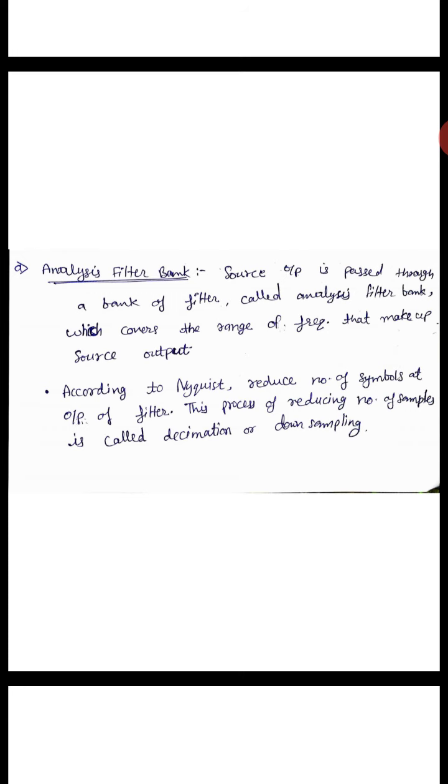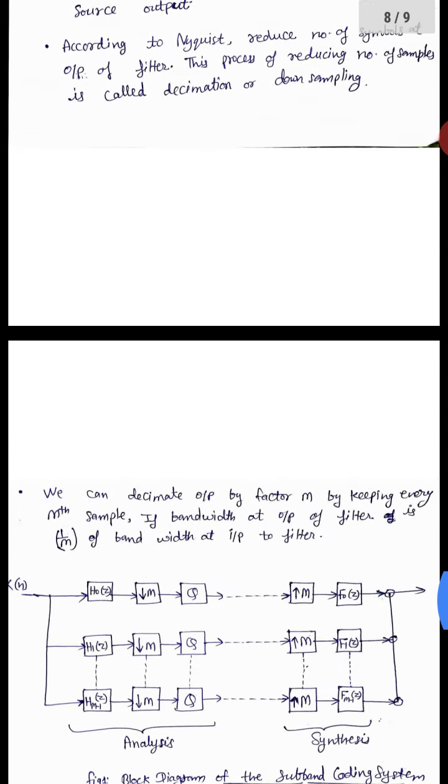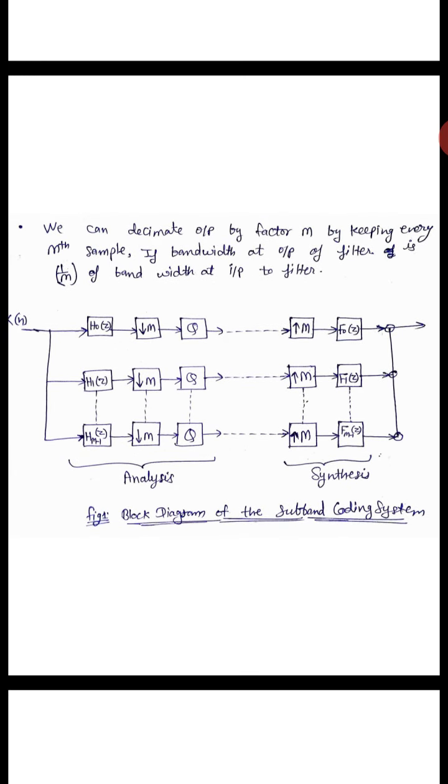The process of reducing the number of samples is called decimation, or down sampling. The ratio of the bandwidth of the filter's output to the filter input determines the decimation or subsampling. We can decimate the output by a factor of m by keeping every mth sample.